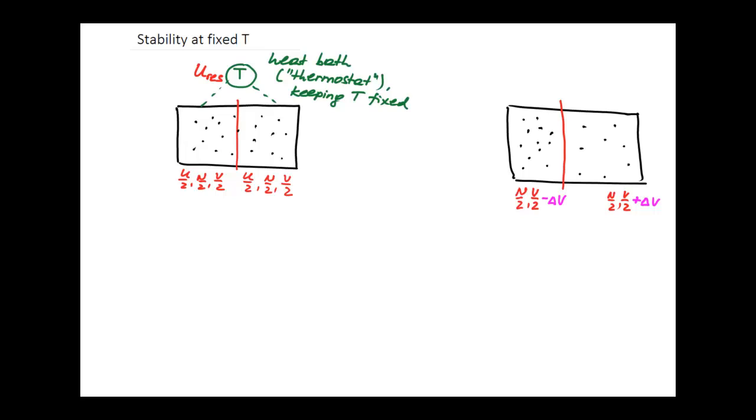And as for the energy, it's a bit more free. I just write U left and U right, and I leave it open how the energy is distributed between left and right.